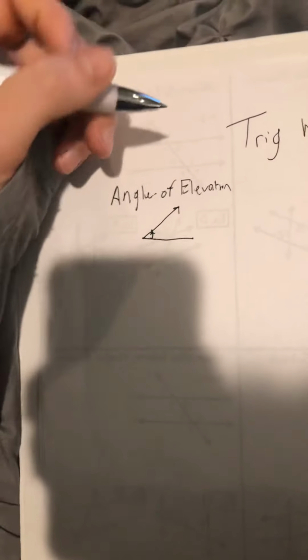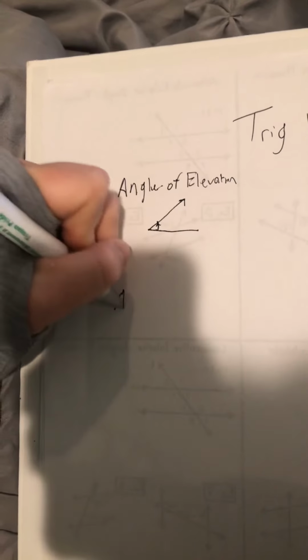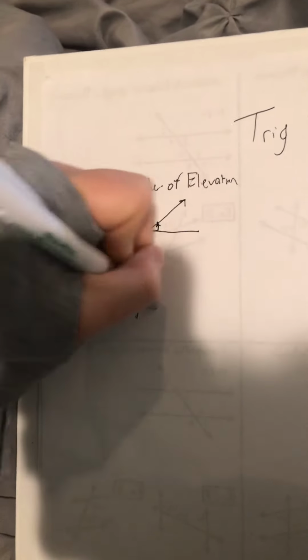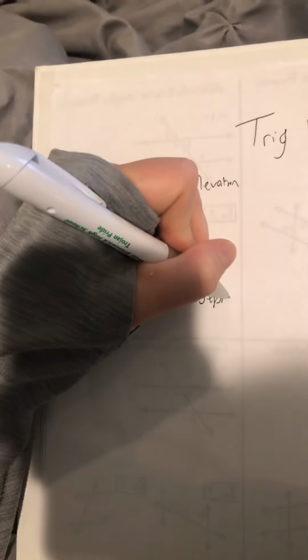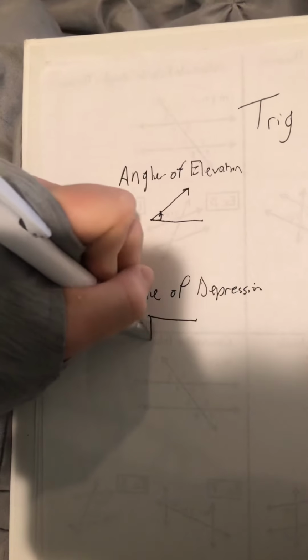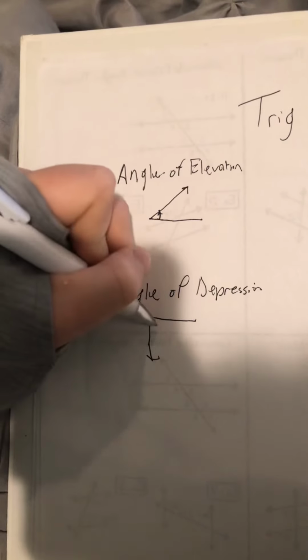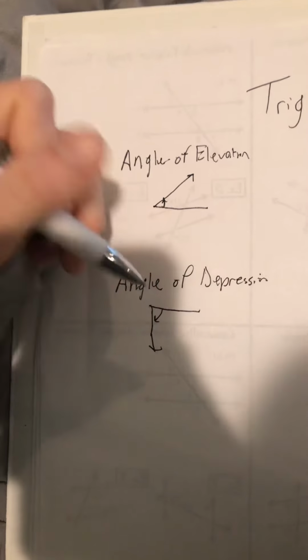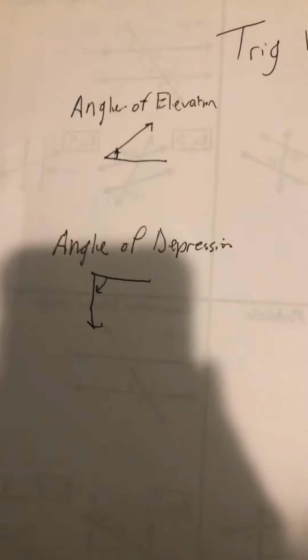It's the angle going up. Or an angle of depression, which means your angle goes straight out and down. One of those two things.